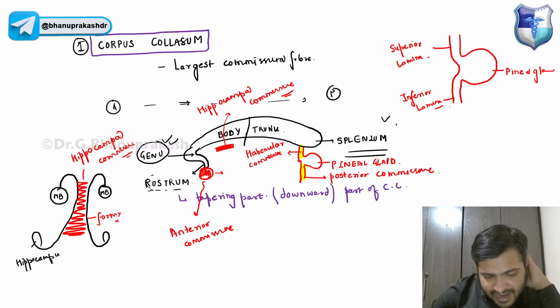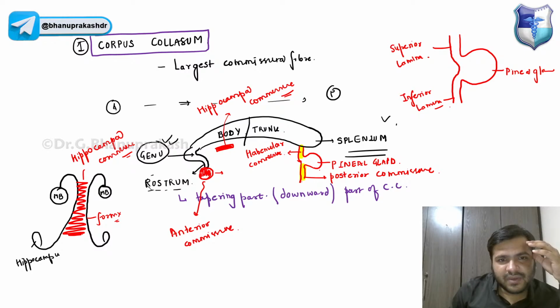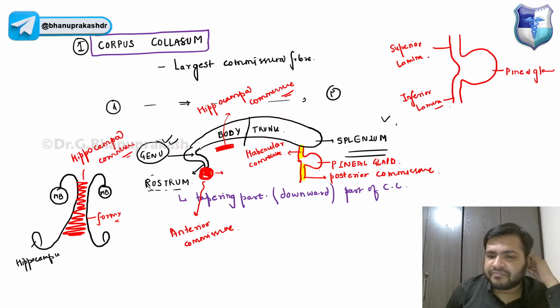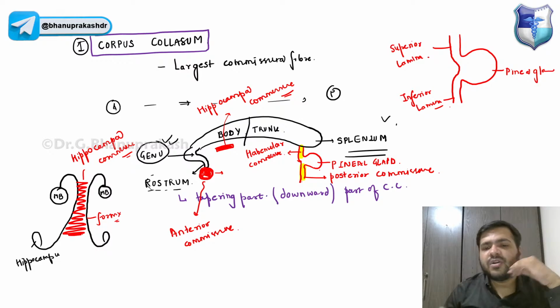Now guys, coming on to the anterior commissure. The anterior commissure is a small rounded bundle which crosses the medial plane, okay? And guys, remember what it is connecting.